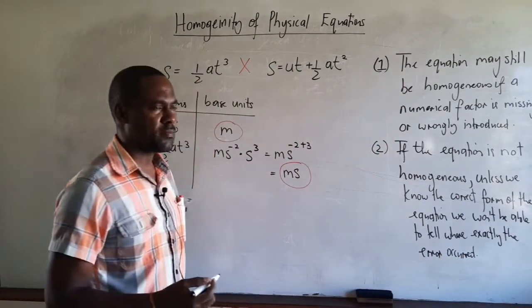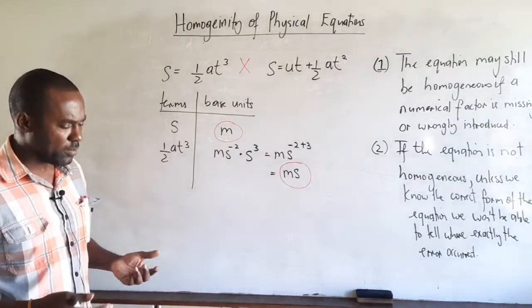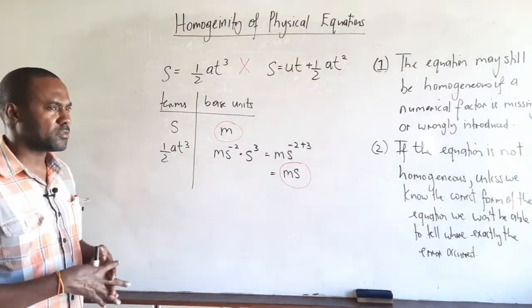And these basically are the drawbacks, or two of the drawbacks of using this method of homogeneity, right?